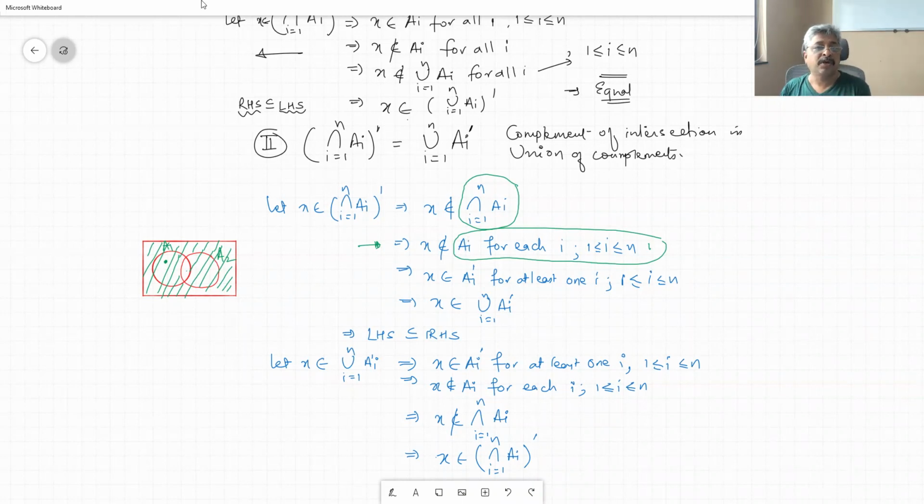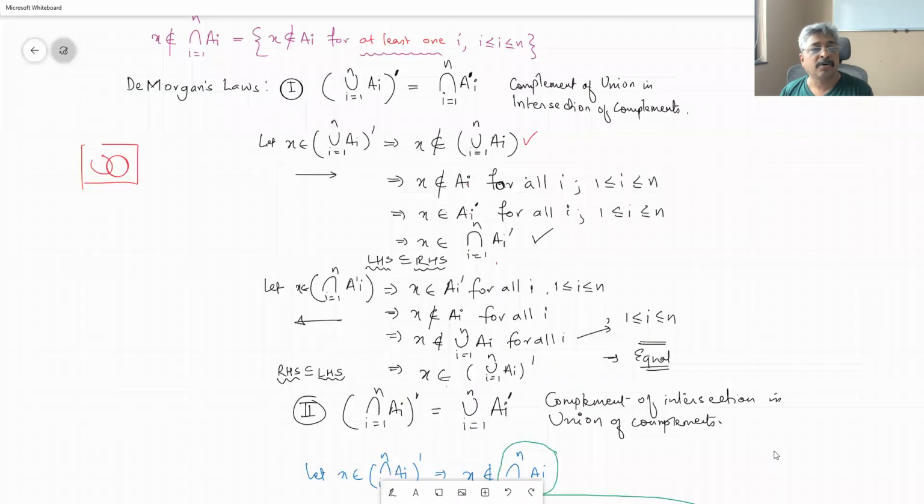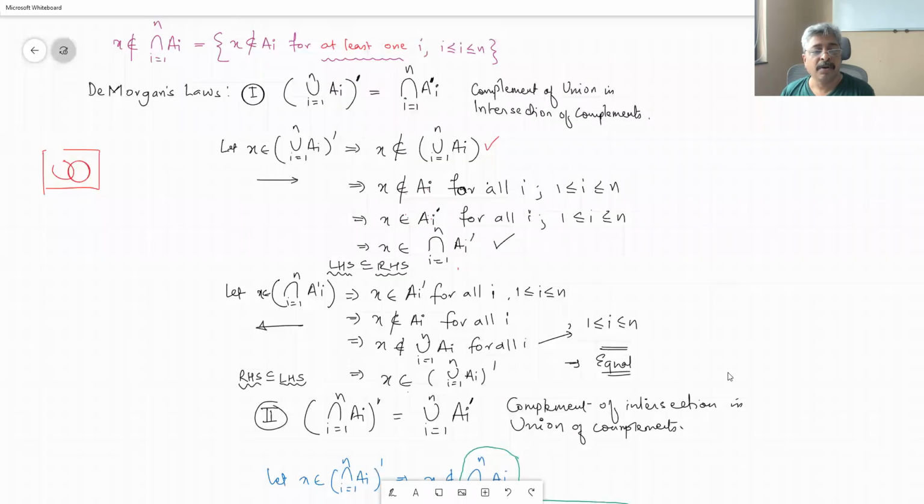So what is the word that we have used in the definition above? x does not belong to intersection is for at least one.